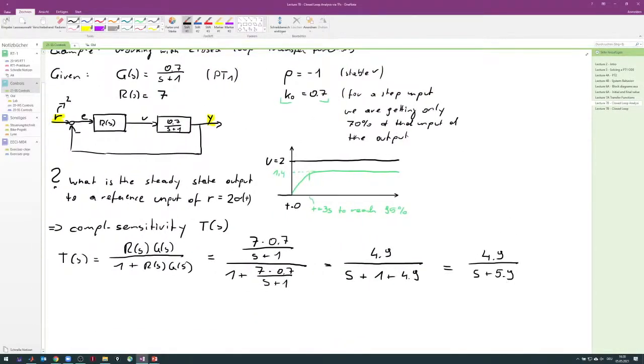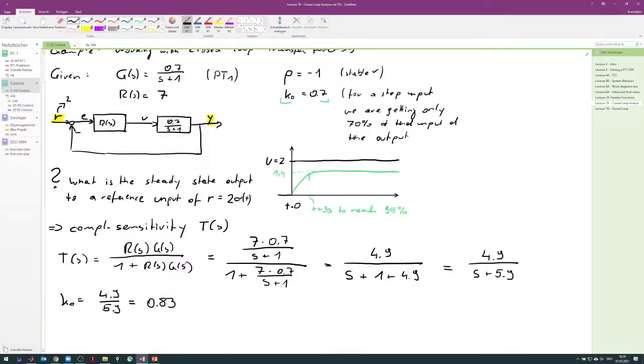So now let's compute the steady state gain, or the static gain, of this. K0 is 4.9 over 5.9. When you change examples on the fly, you need to do the calculation afterwards. This is 0.83, so this is the gain.